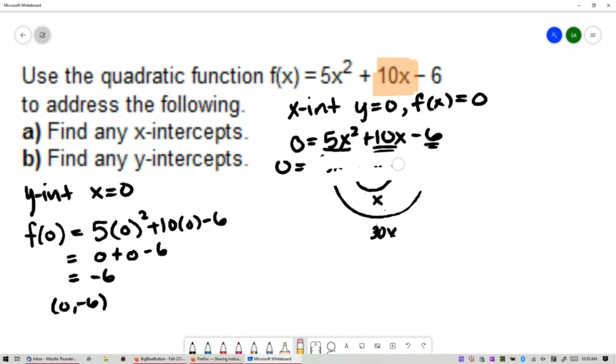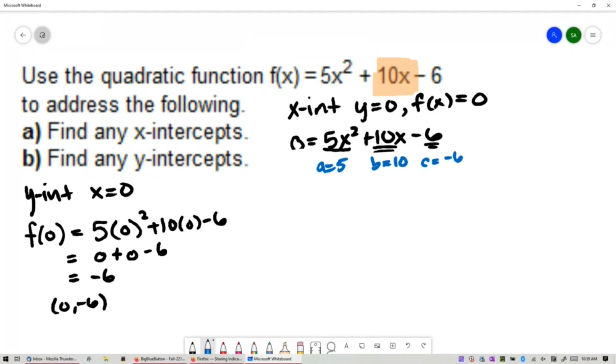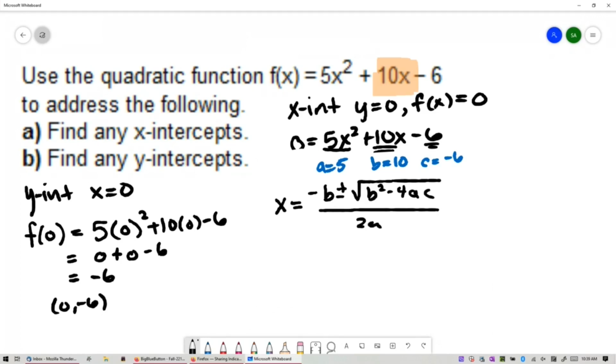So now I'm going to go to trying the quadratic formula. So with the quadratic formula, I would let a equal 5, b equal 10, and c equal -6. The quadratic formula is x equals -b plus or minus the square root of b squared minus 4ac all over 2a.